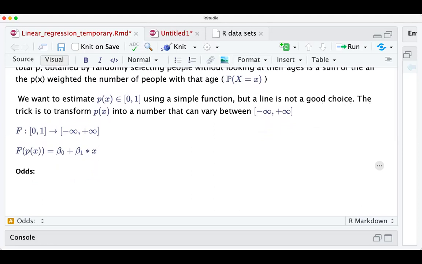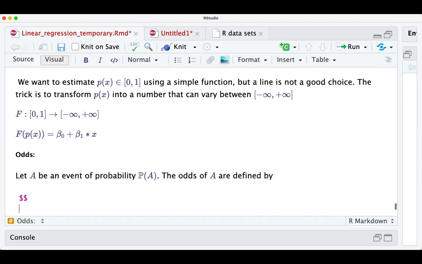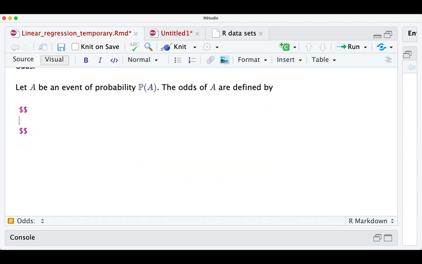Let A be an event of probability P of A. The odds of A are defined by this formula: the probability of A divided by the probability of the complementary of A.